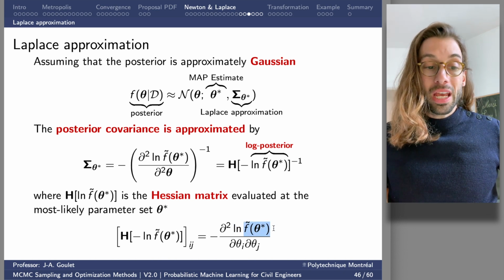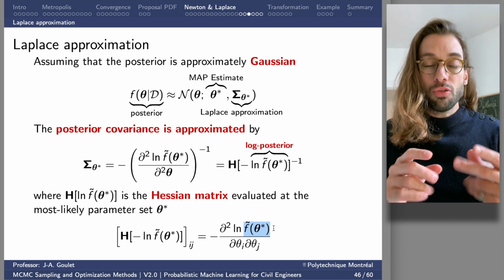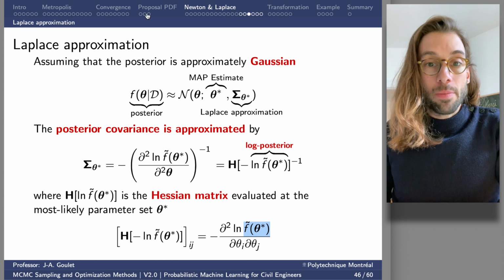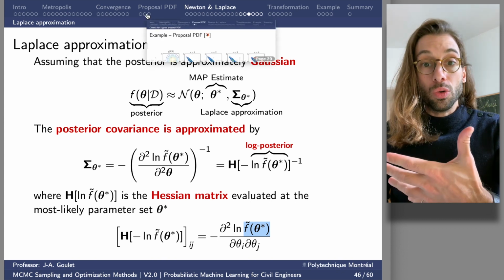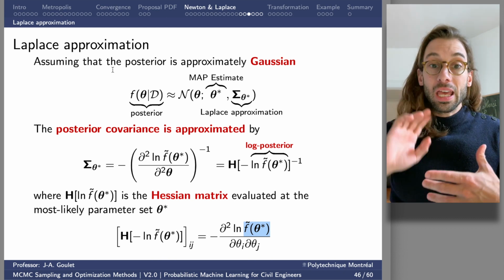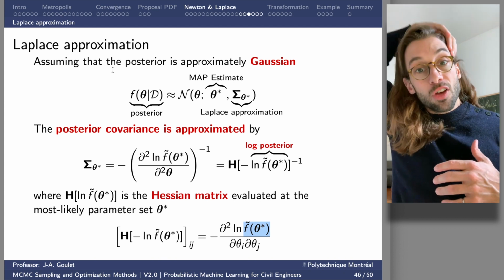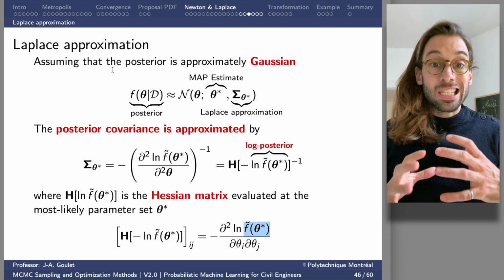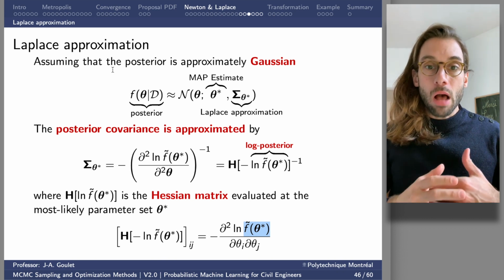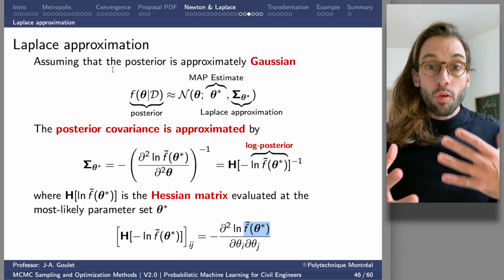So here we can use this Laplace approximation for two things. Either we use this, as we saw before with MCMC, to tune our proposal distribution, or if we have cases where even using MCMC is computationally prohibitive, because we have too many dimensions and evaluating our problem is too costly, we cannot afford to do MCMC.